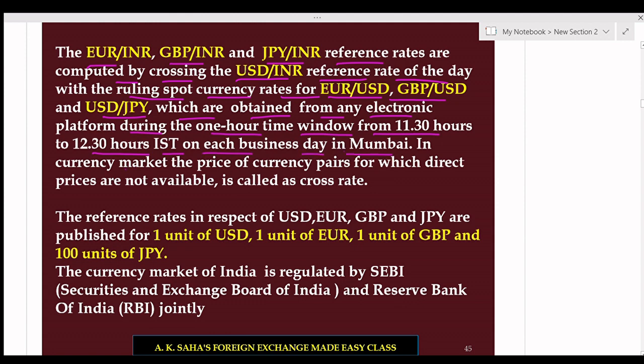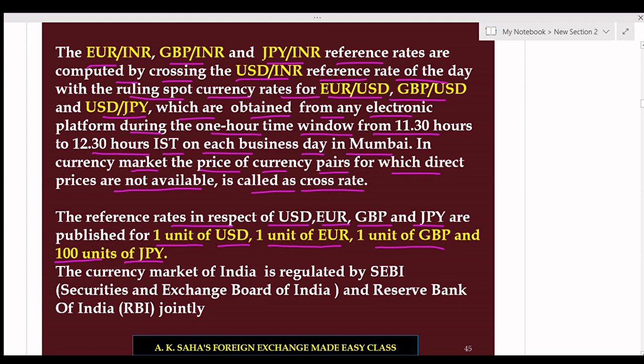In the currency market, the price of currency pairs for which direct prices are not available is called the cross rate. The reference rates in respect of USD, EUR, GBP and JPY are published for 1 unit of USD, 1 unit of EUR, 1 unit of GBP and, mind that, 100 units of JPY.